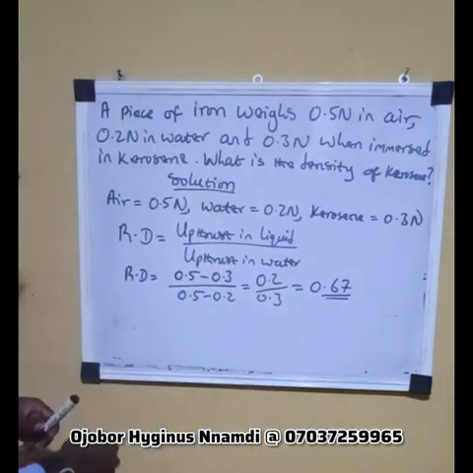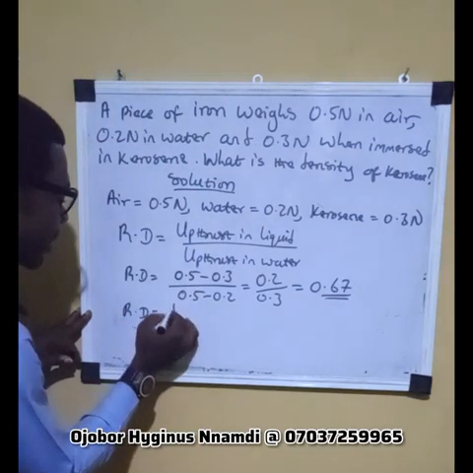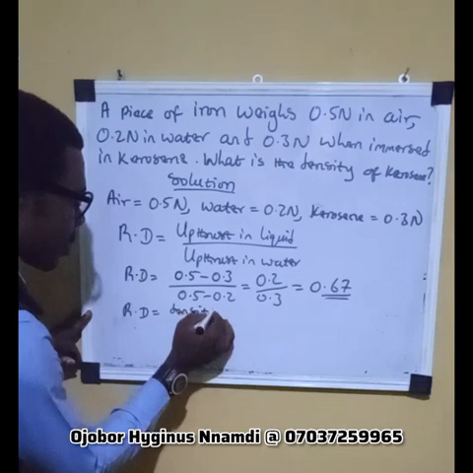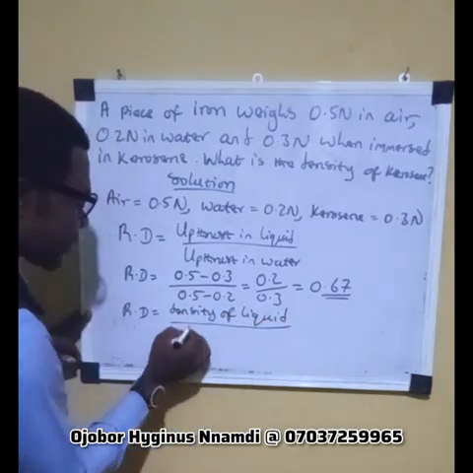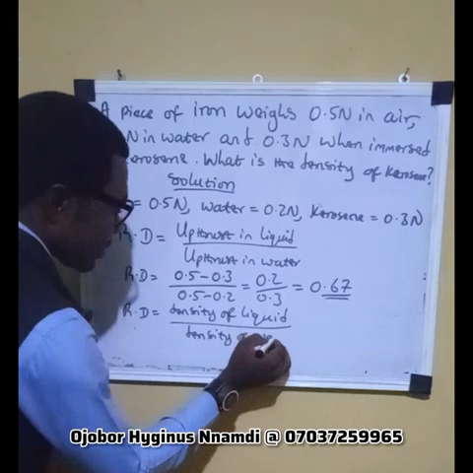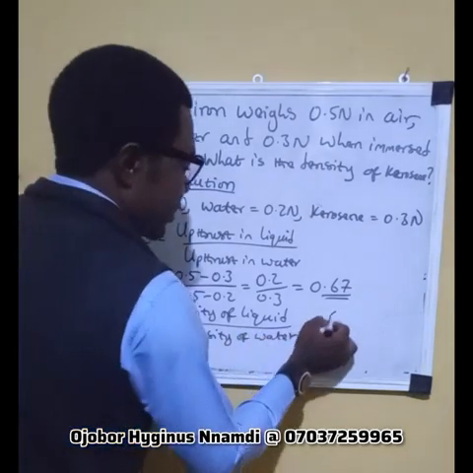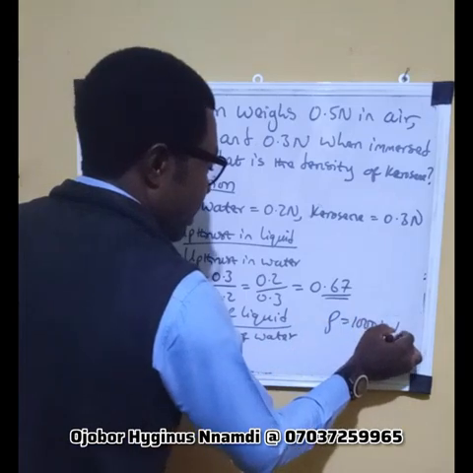It is dimensionless. And we also know that relative density is density of liquid over density of water. I know that density of water is 1000 kilogram per meter cube.